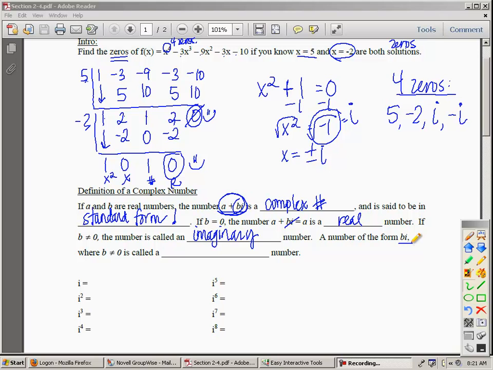If you just get this form bi, if your a is gone, we modify that idea of an imaginary number and we call it a pure imaginary. And all it means is that the real part is gone, and so all you have left is the imaginary part.